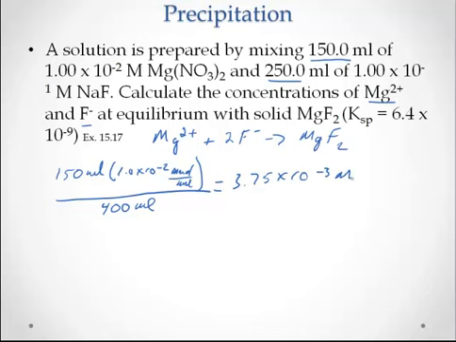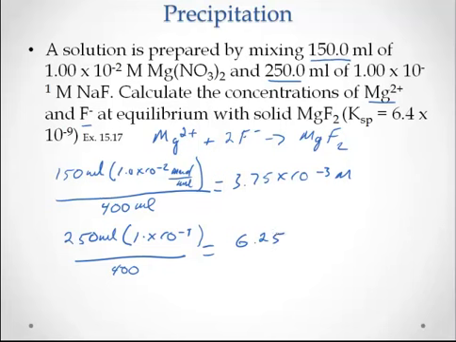Okay, and then doing the same thing with the fluoride, I've got 250 mL times 1.0 times 10 to the minus first, and then divide that all by 400 mL, and I get a concentration of 6.25 times 10 to the negative second molar.